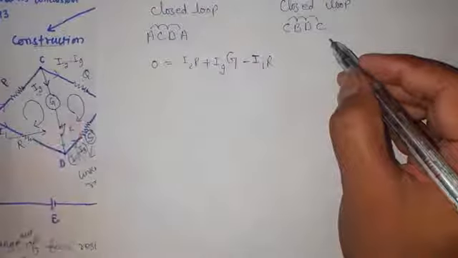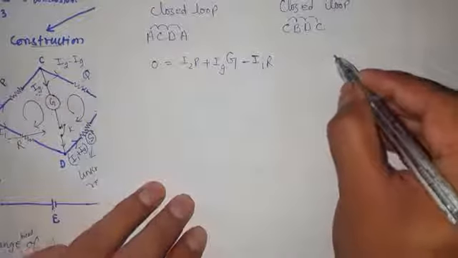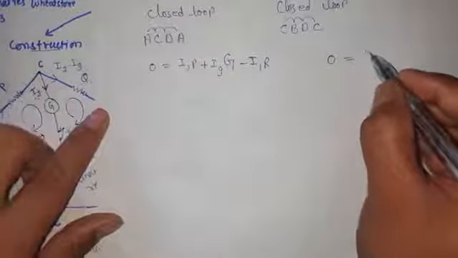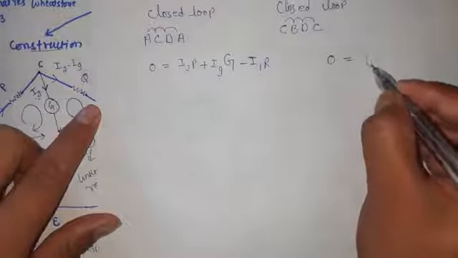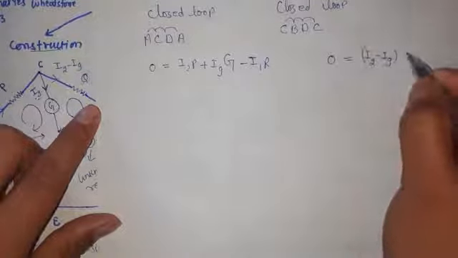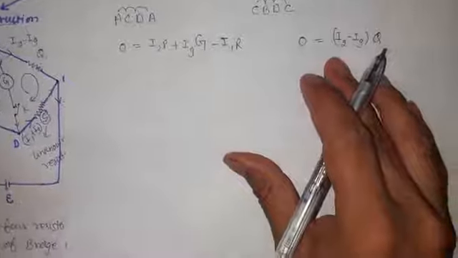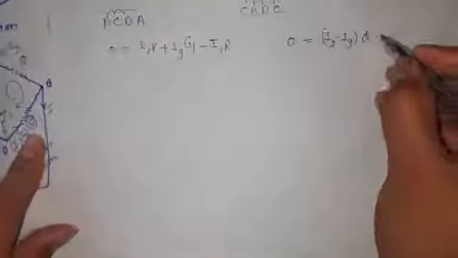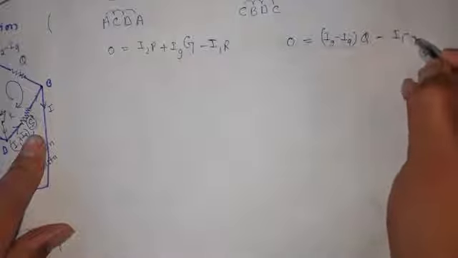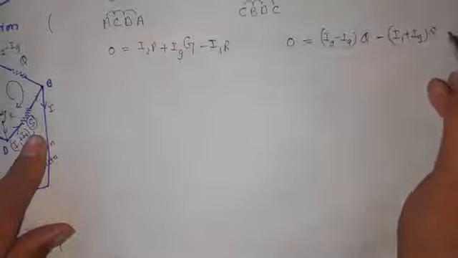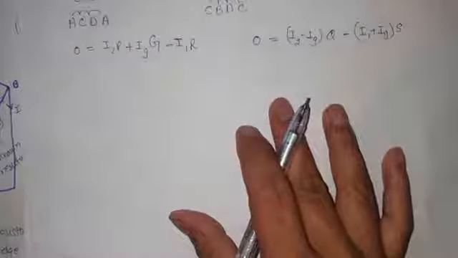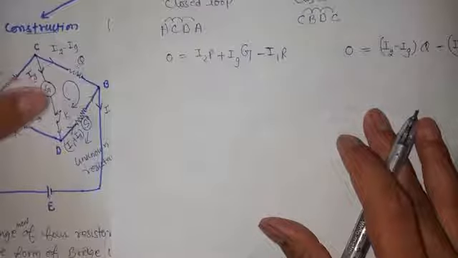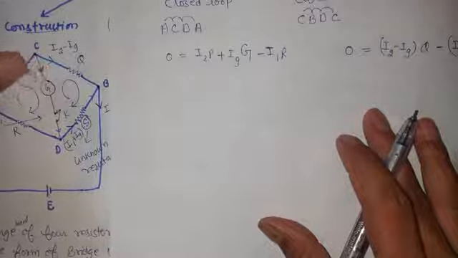We are supposing there is no EMF supplied in it, so therefore it is 0, which is equal to, when we are going from C to B, the I2 minus IG current passes through Q. Thereafter we are going from B to D, and that time again the current is against us, so I1 plus IG passes through this S. And now from D to C, the IG current passes through the galvanometer in our reverse direction.